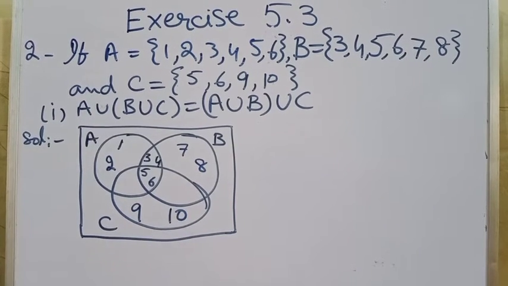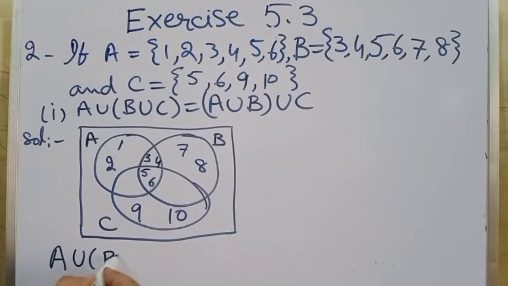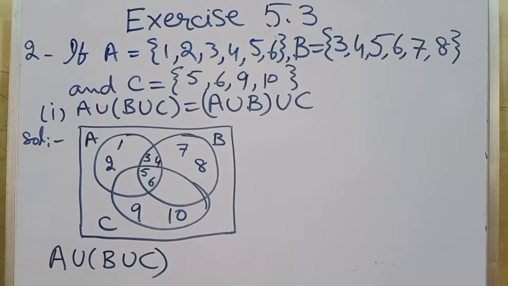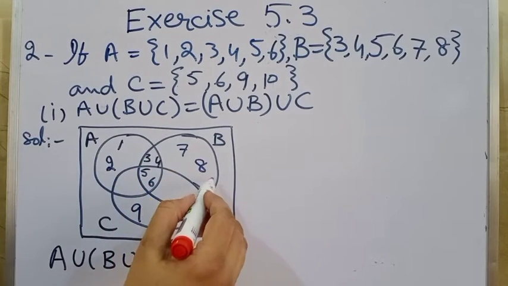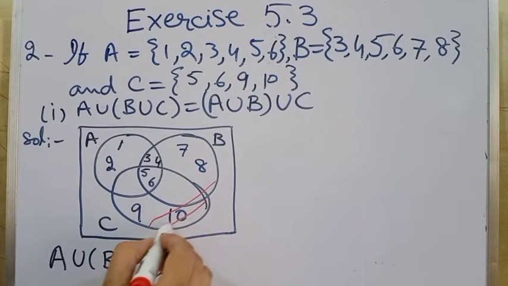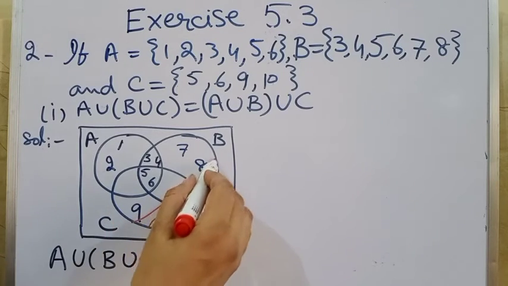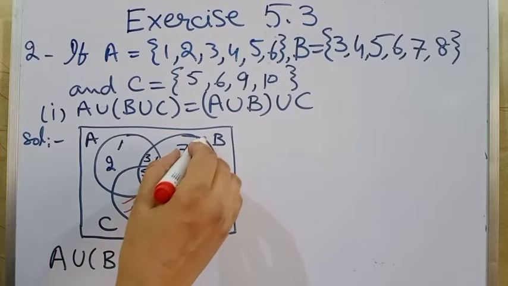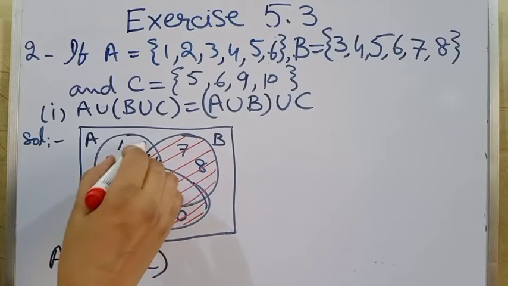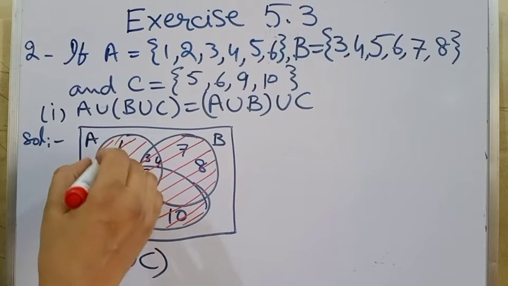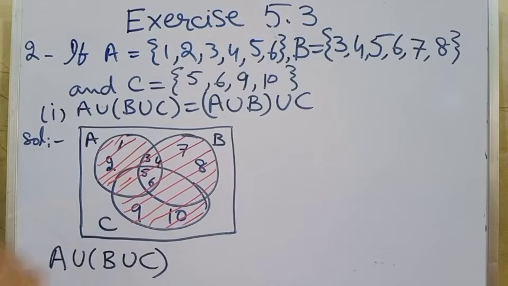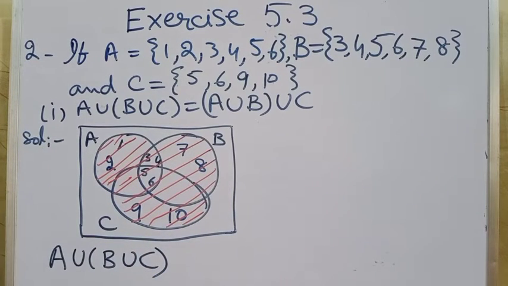We write here the operation A union B union C, and we shade it to show the solution. A union B union C contains all elements of these 3 sets, so we shade it.